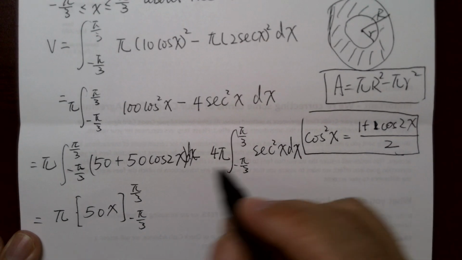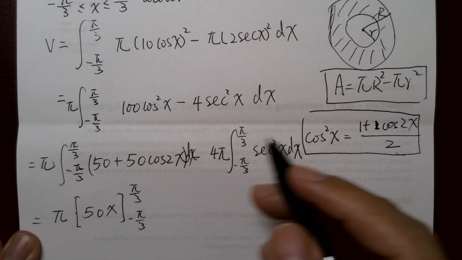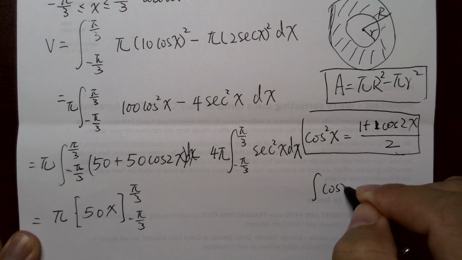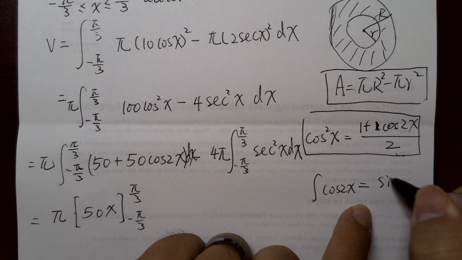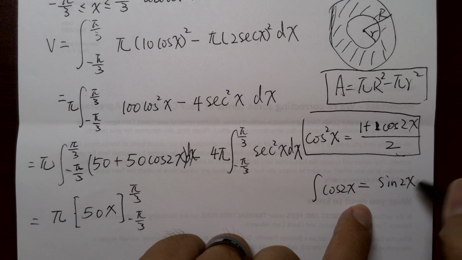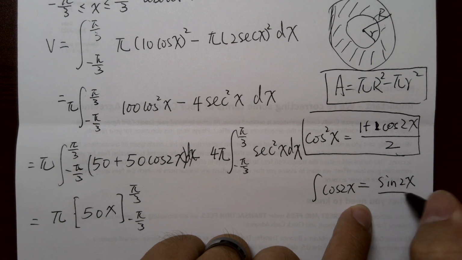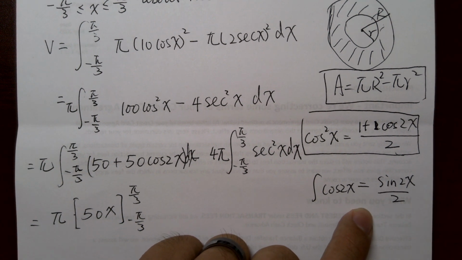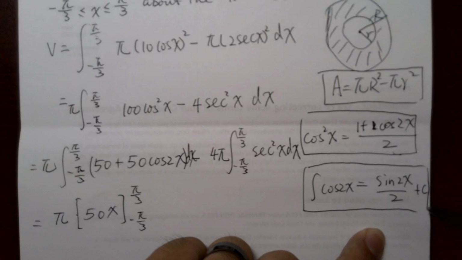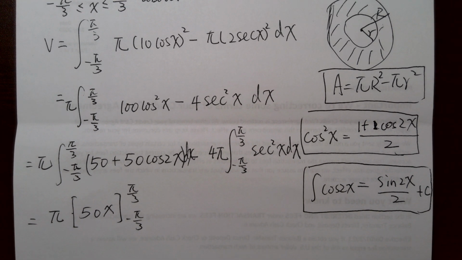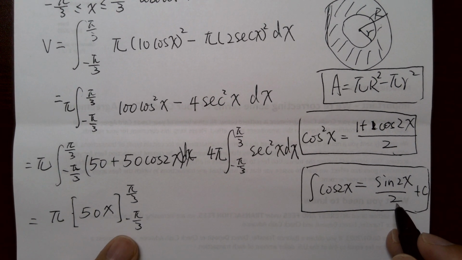Let's do one by one. The integral of cosine 2x equals sine of 2x over 2, plus a constant c. This is an indefinite integral.